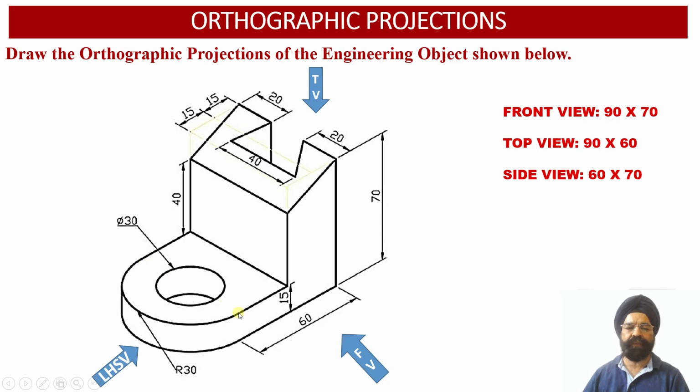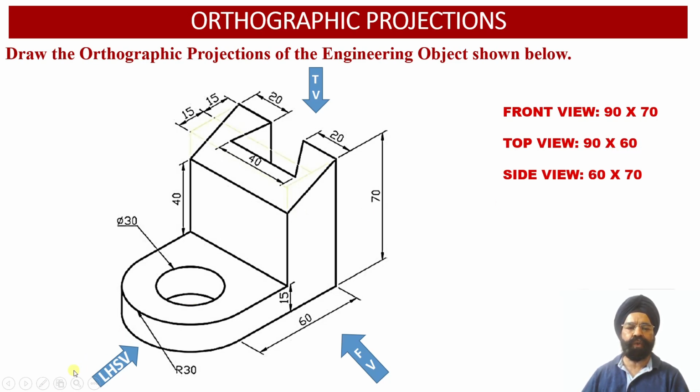So the total width of this cross section of the solid will be equal to 60 millimeter. We obtain the dimensions of the top view face of the solid as 90 millimeter width and 60 millimeter depth.